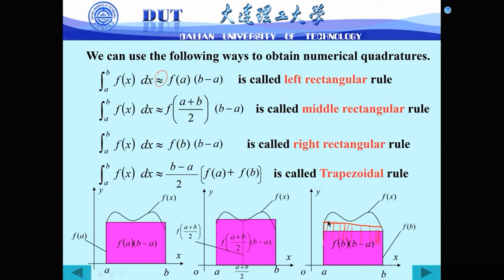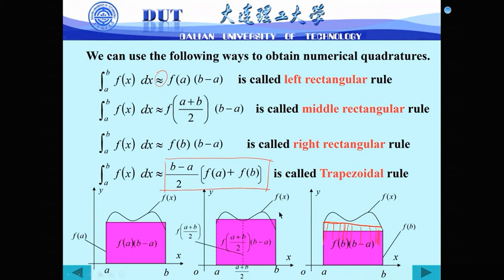Then we can use the area of this trapezoid to approximate the integral. Now, the area of this trapezoid should be (f(a) plus f(b)) over 2 multiplied by the length b minus a. Is it okay? This is the area formula for a trapezoid.